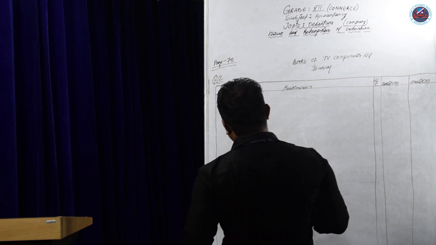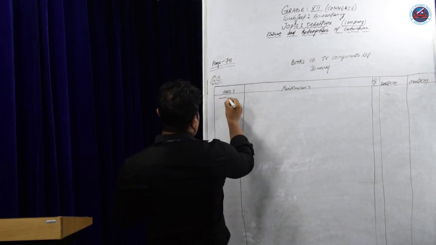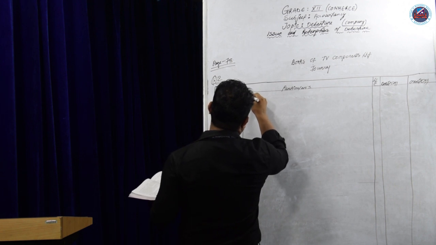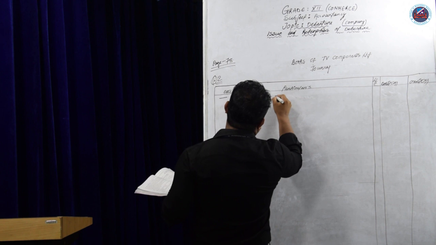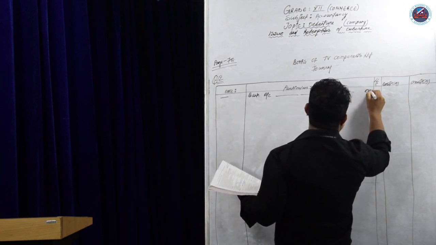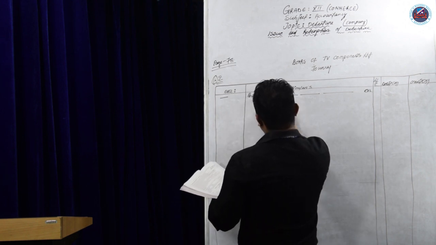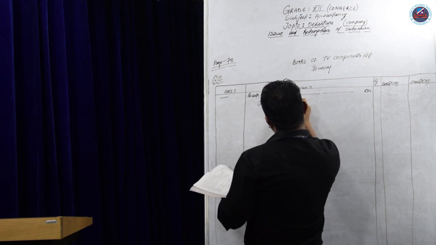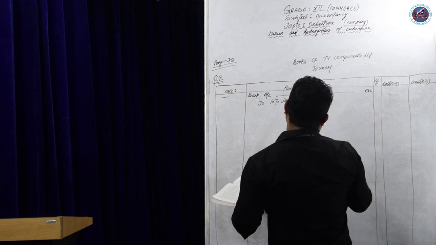So the first entry for the application, we know, is the same receipt entry. Write here: Bank account debit, to 12% debenture application account.